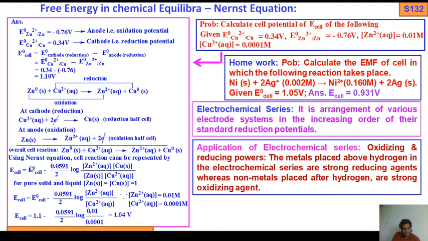So Nernst equation: E cell equals E naught cell minus 0.0591 by 2 log of the product molar concentration by the reactant molar concentration. Again, as I have told you several times, for pure solids and liquids the molar concentration is taken to be unity.